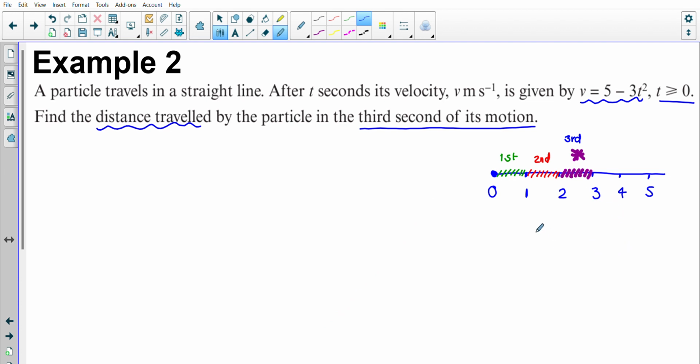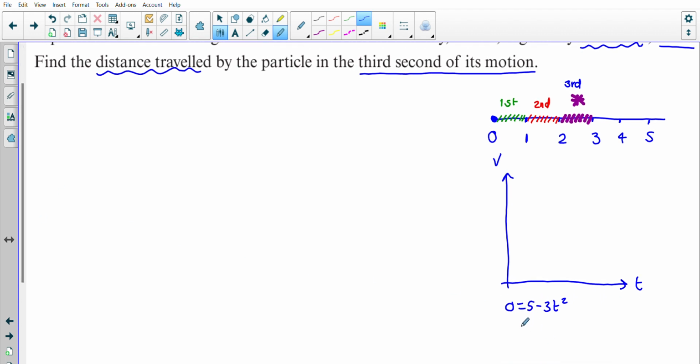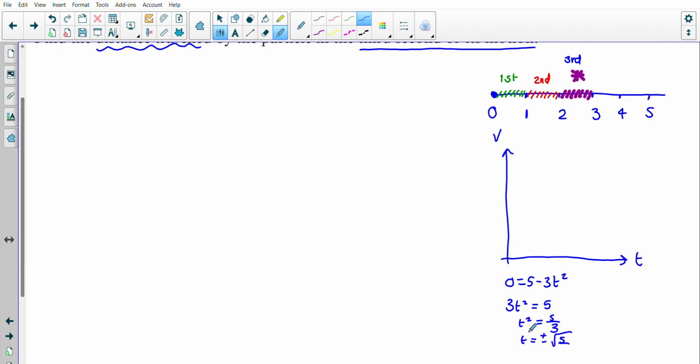Now I could draw a quick sketch on this one. I'm just going to show how I would sketch from scratch. So it's velocity and time. And I've got 5 minus 3t squared. So if I was thinking about solving that, I'll have 3t squared equals 5, t squared equals 5 over 3, and then t is plus or minus root 5 over 3.